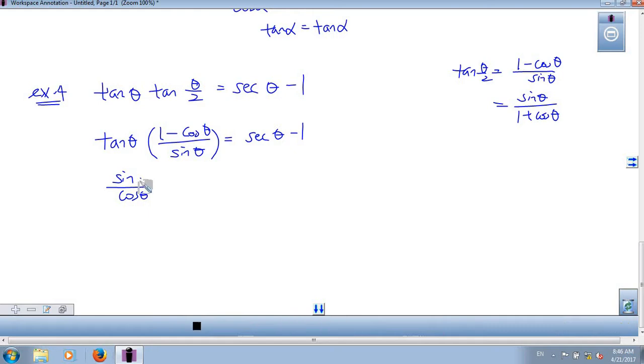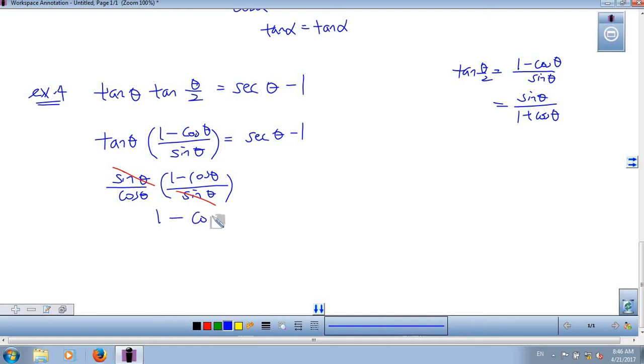So I think now maybe you can see the reason why I use 1 minus cosine theta over sine theta instead of the other one. I probably can still work it out if I use the other one, but here I can see that sine theta and sine theta cancel out much easier. So it will be 1 minus cosine theta divided by cosine theta.